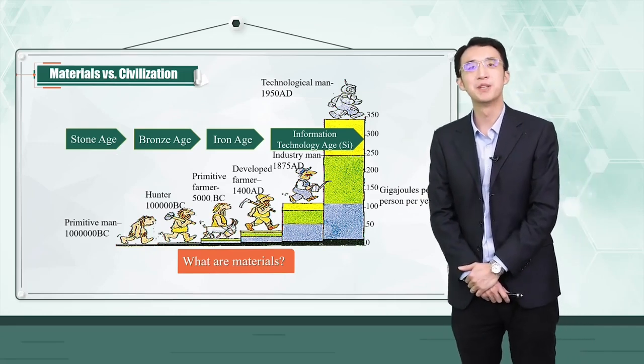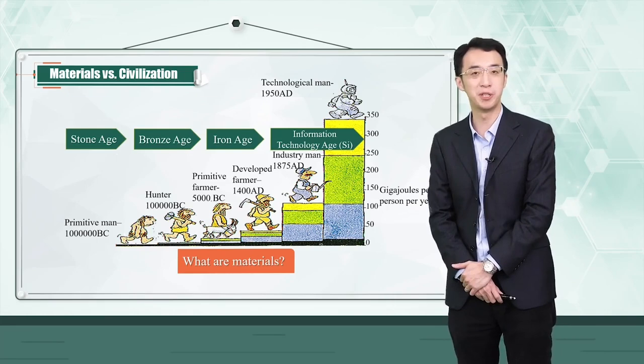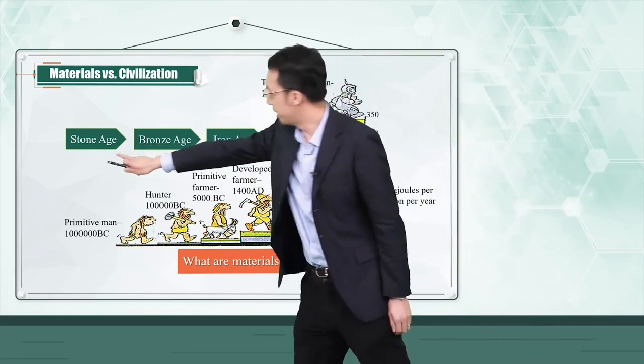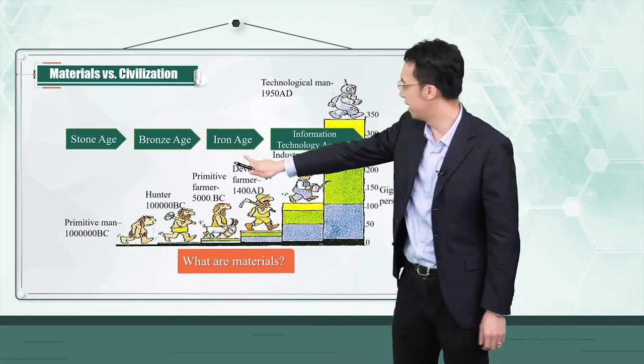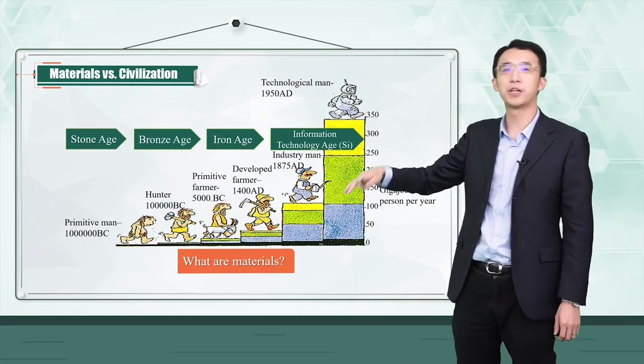So maybe a lot of you have already noticed that human civilization is characterized by the material that people used in certain periods of history. For example, you must have heard the words Stone Age, Bronze Age, Iron Age, and Information Technology Age.